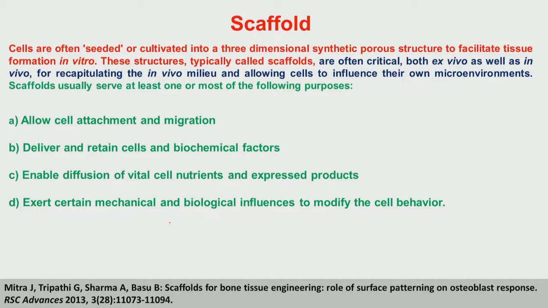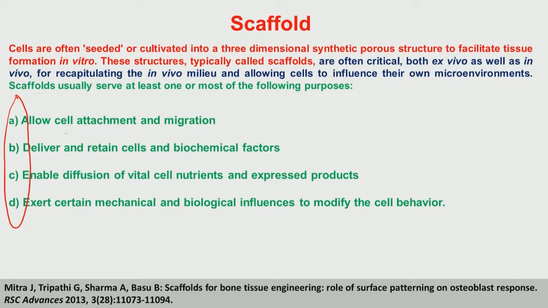That also helps in angiogenesis, like blood vessel formation through this porous structure, and in bone ingrowth into the porous structure. Now, I will describe those things much more later, but at this point you must understand that scaffolds usually share most of the ABCD properties or at least a few of these properties.